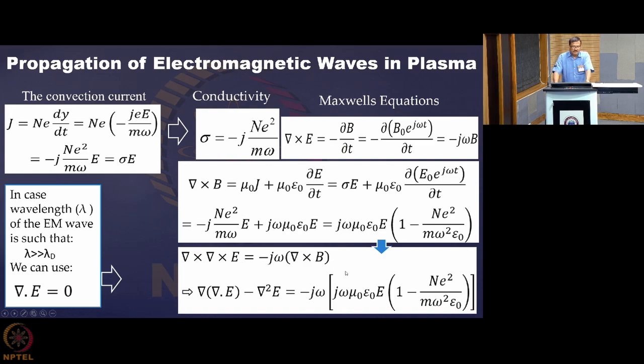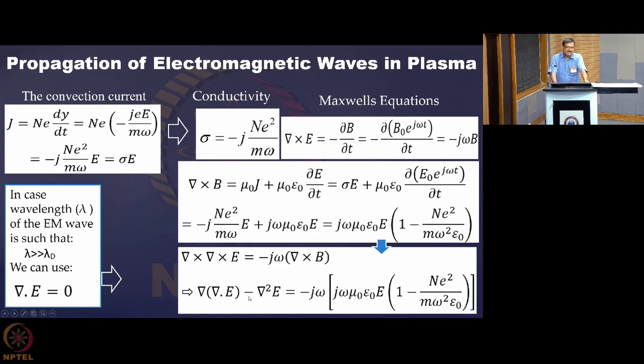I will come to the next page, but before that let me tell you that as usual we know that divergence of E is basically rho by epsilon 0. Now if the situation is such that we are considering a length scale much greater than the Debye length, then this divergence E, the charge density rho, will be equal to 0 because of macroscopic charge neutrality, and we can drop this term.